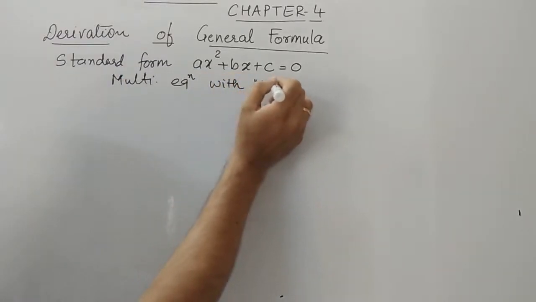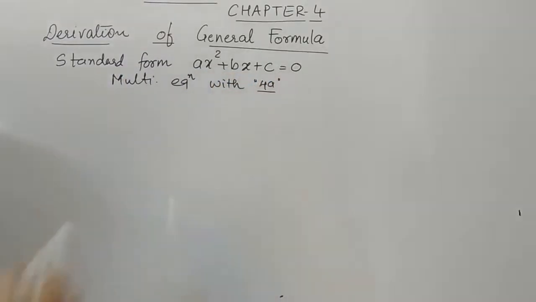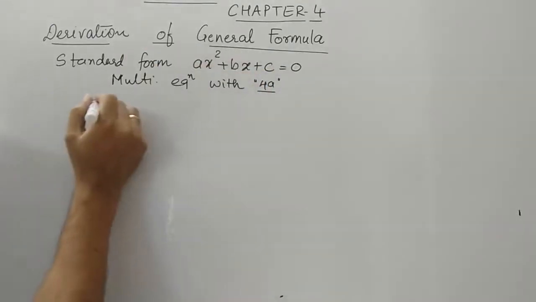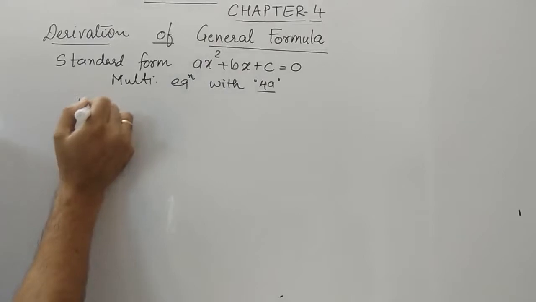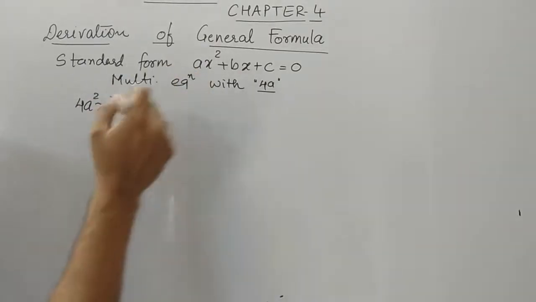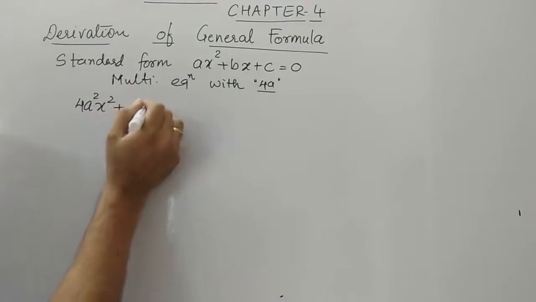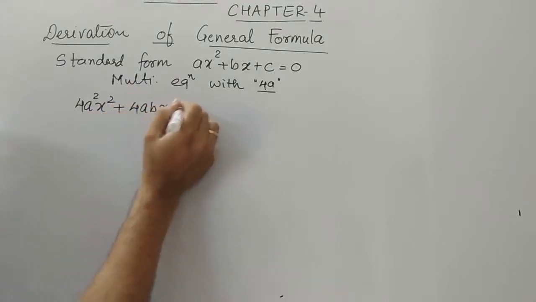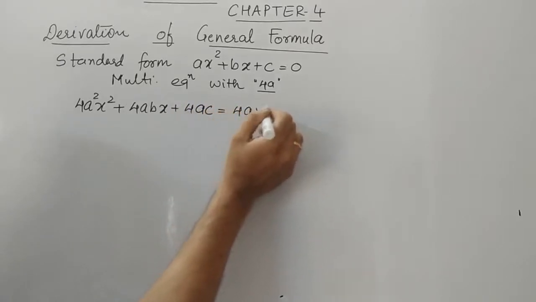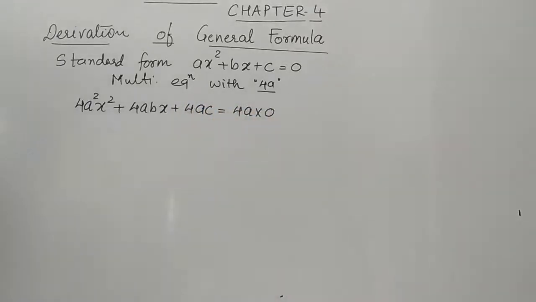I'll come to why I multiply with 4a after the two steps. Now all the terms I'll multiply with 4a. So that will be 4a square x square, because 4a into a is 4a square, plus 4abx plus 4ac is equal to 4a into 0. So it must be 0 only.